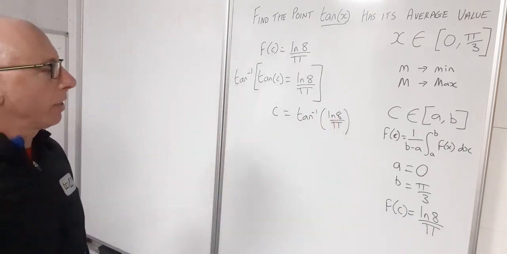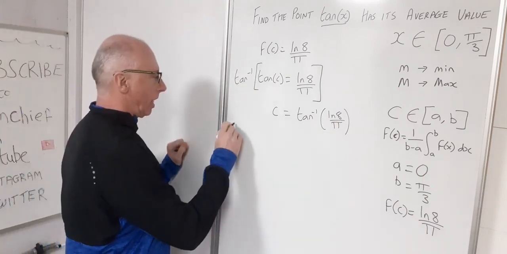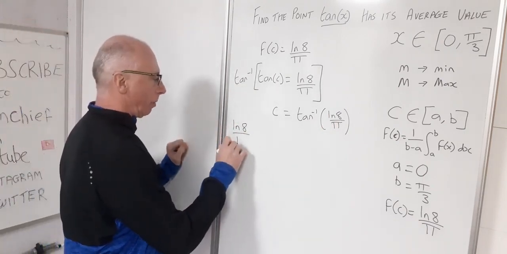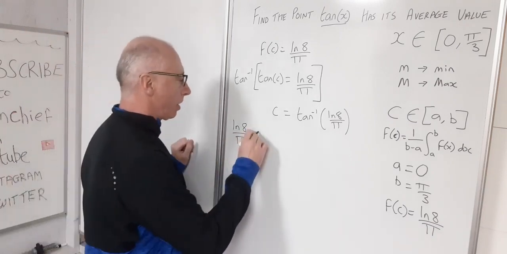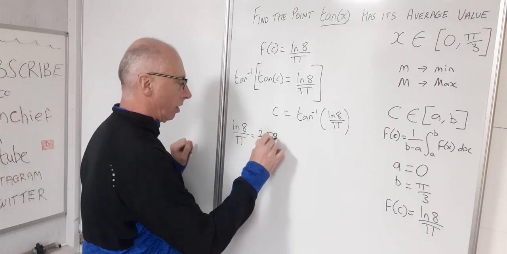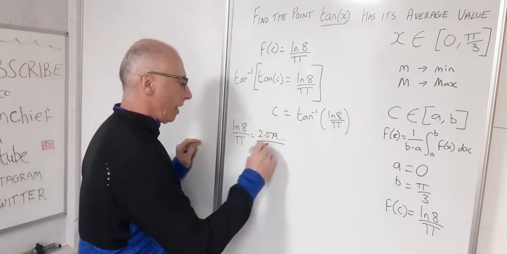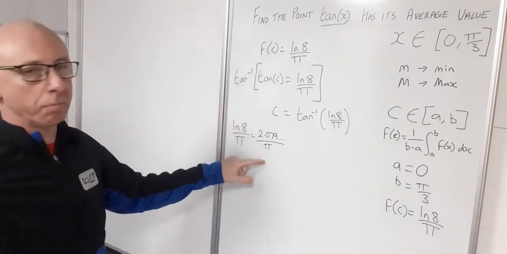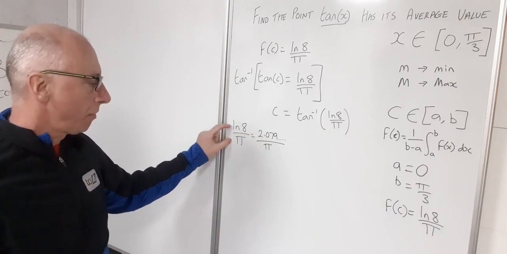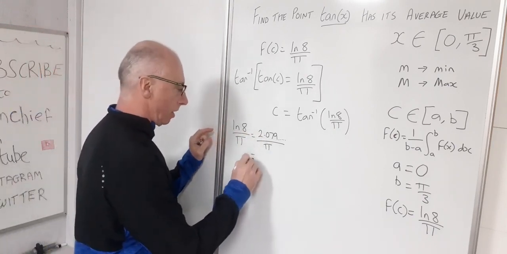Okay, now natural log of 8 over pi, let's just have a look at that. ln 8 is approximately 2.079. And then divided by pi, plugging that into my calculator, I'll get approximately 0.6619.